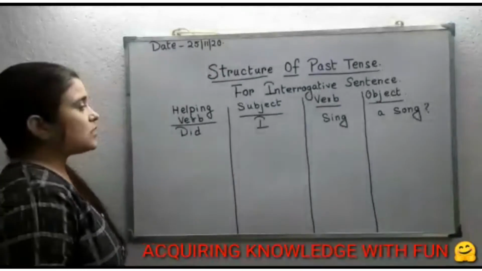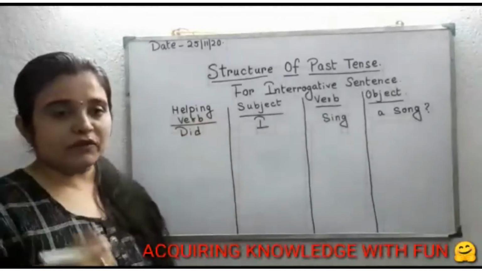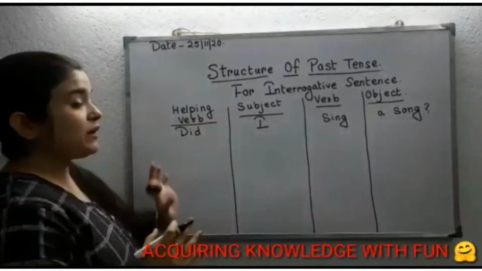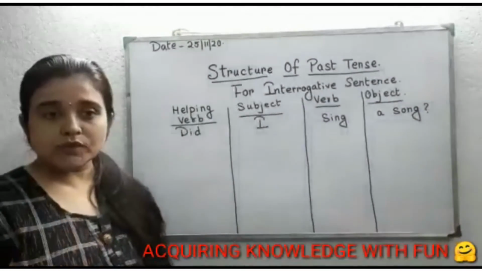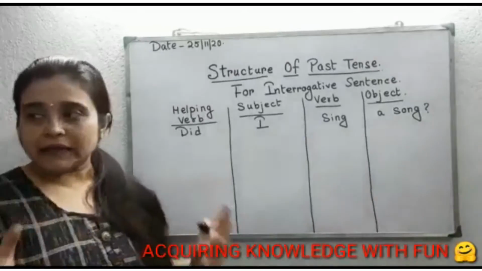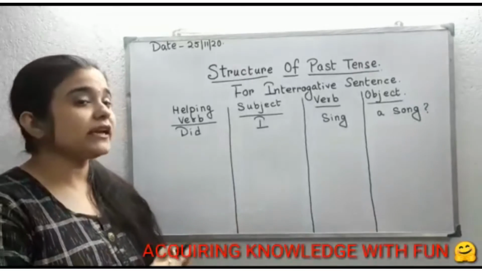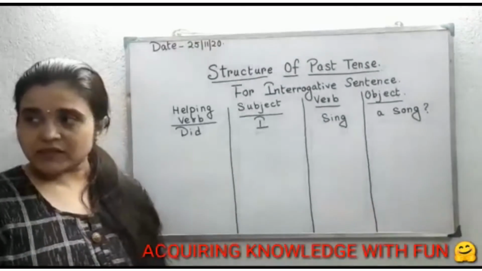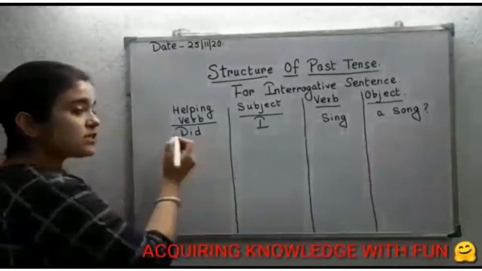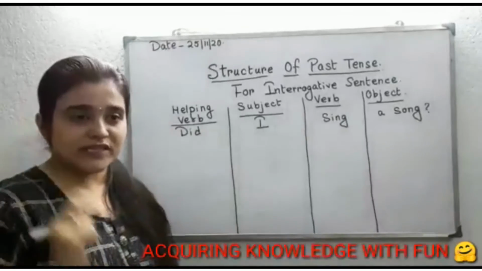The method is, first you need to use a helping verb. You know which helping verb we should use in past tense? Did. Do and does are used in present tense, not in past tense. Right? We use did in past tense. So first of all, I have to use did in order to frame a question.